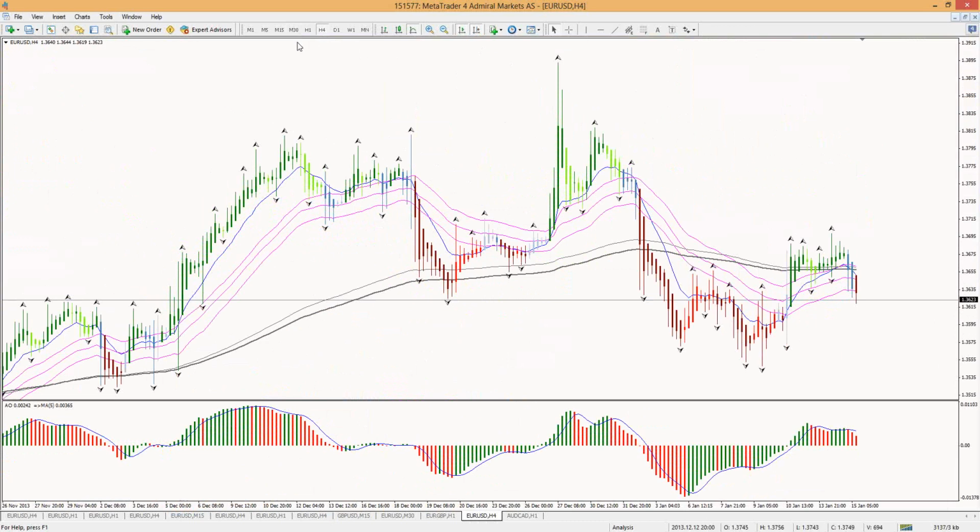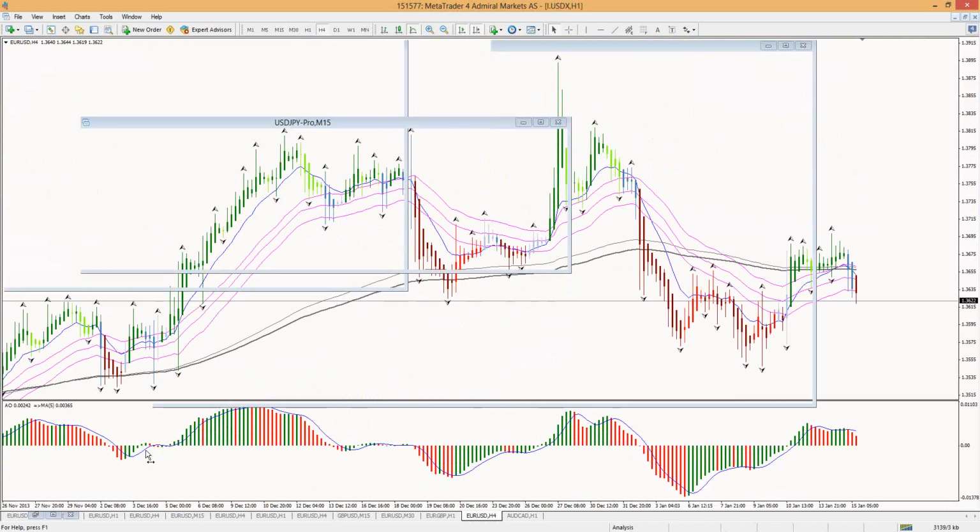Bit of a mixture there, I guess. Today, I've not really had a clear vision as yet. Let's take a look.